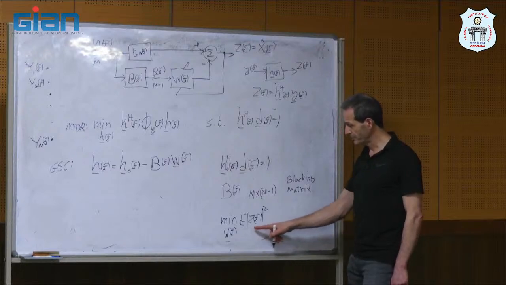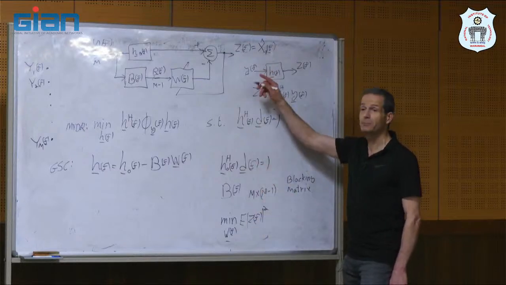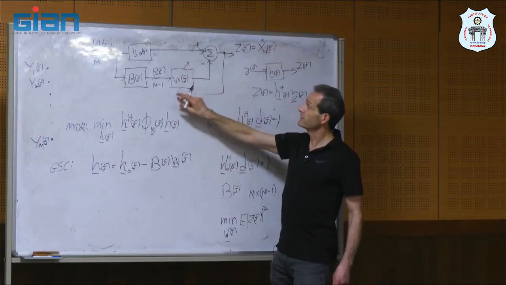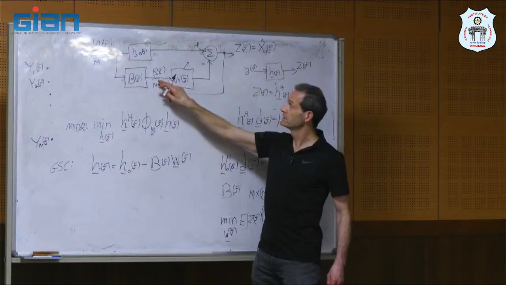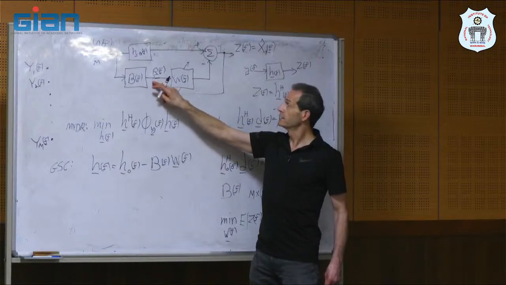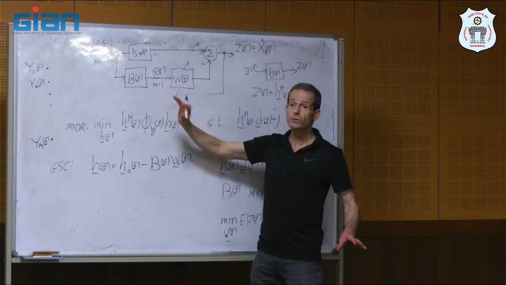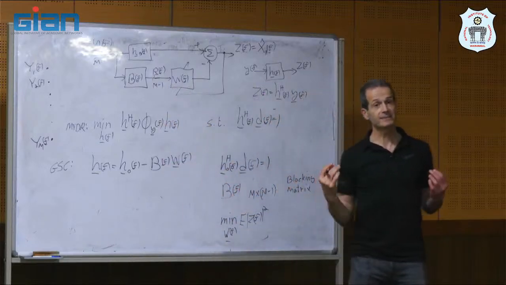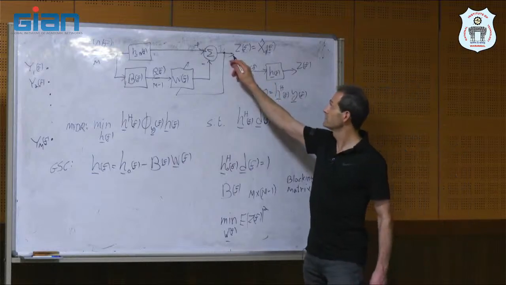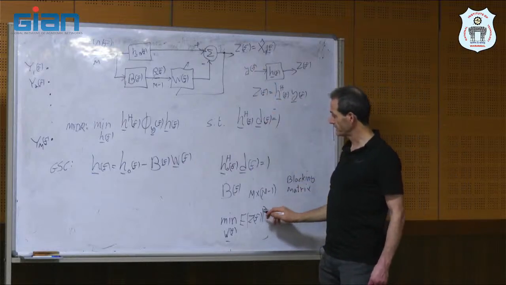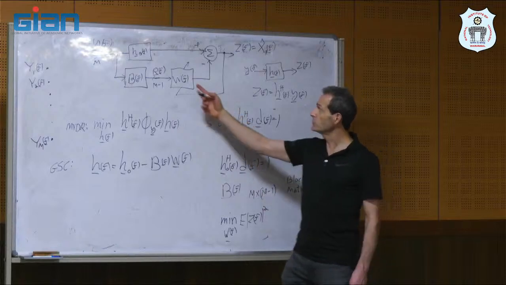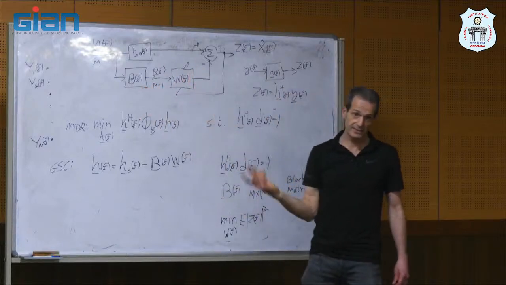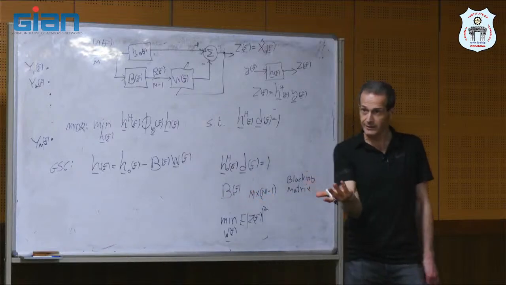Because when we minimize this variance, it uses the input channels that don't contain the desired signal. So if they don't contain the desired signal, we don't need the constraint because it doesn't apply. W doesn't filter the desired signal, so you cannot distort it.